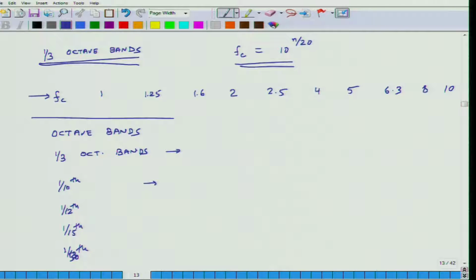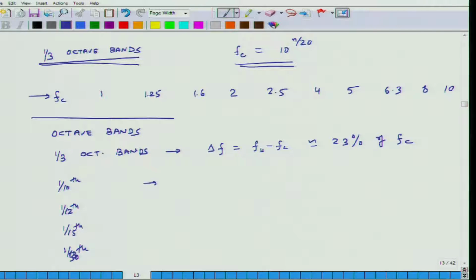Okay. Now in the 1/3 octave band, what is delta F? The difference between FU minus FC, that is delta F. This is approximately equal to 23% of FC. If you do the calculation, you will find that it is about 23% of FC.